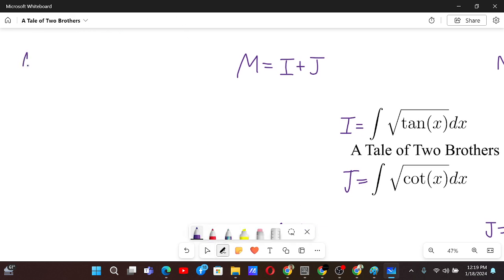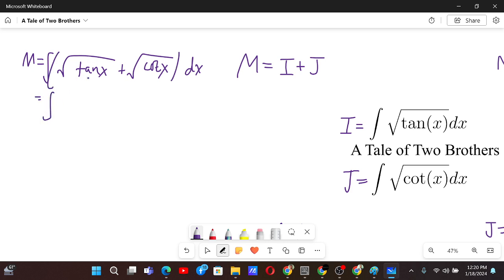So m is the integral of root tan x plus root cot x dx. Now to integrate this, first of all we'll use their formula. This is root sin x by root cos x, and this is root cos x by root sin x.